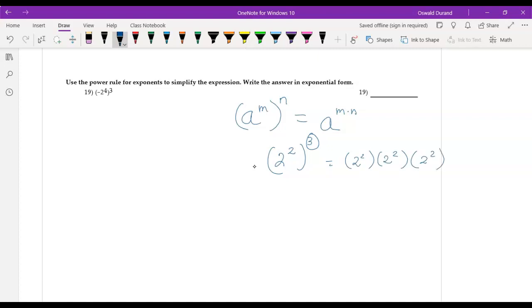And then the next step would be to add all those exponents, basically 2 to the power of 2 plus 2 plus 2, right? Which is the same thing as 2 times 3, right? So that's all it is, 2 to the power of 6 at the end. Okay, and we know that 2 times 3, I'm sorry, is equal to 6. Okay, so that's a shortcut.